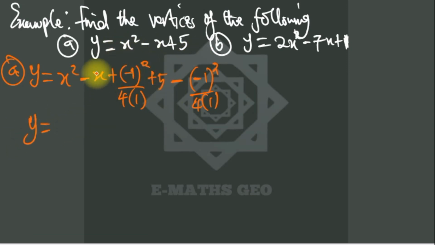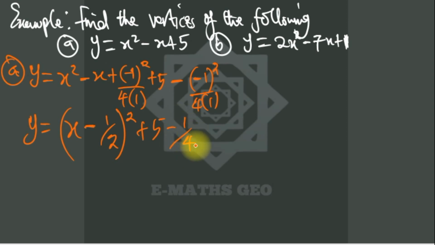So we've ended up making this a perfect square. The result will now be the square root of x squared, which is x, minus the square root of 1 over 4, which is 1 over 2, all squared. Remember it should be minus because minus is here. So plus 5 minus 1 over 4.